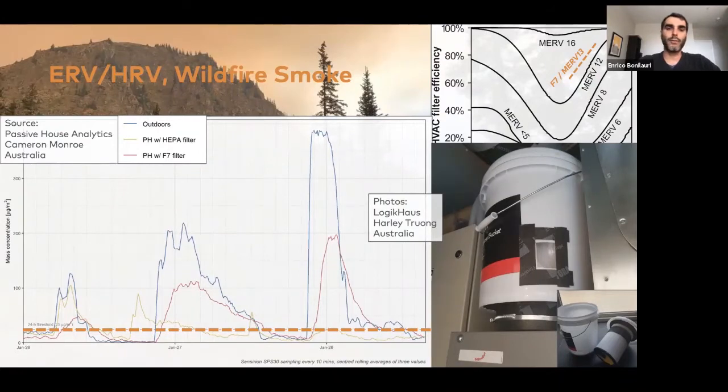They had similar cases of wildfires, and the outdoor pollution is represented by the blue line in this 3-day monitoring. The red line shows a regular passive house with a regular F7 filter. But if you swap the F7 filter with a HEPA filter, then you have much better conditions and you stay underneath the threshold requirement.